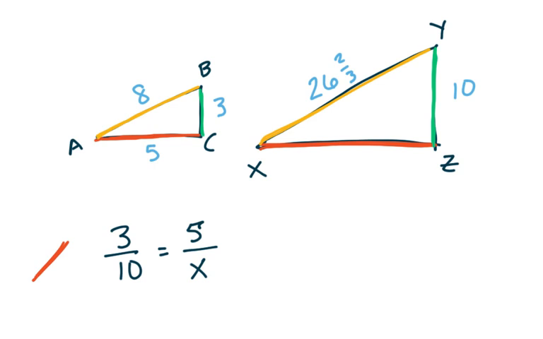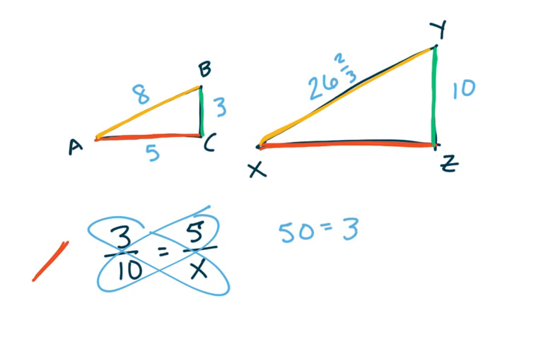So now we're going to go ahead and do our cross multiply. So we have 5 times 10 equals 50. And 3 times X equals 3X. And now I'm going to go ahead and divide by 3. And when I calculate that, I get 16.6 repeating, or 16 2/3.